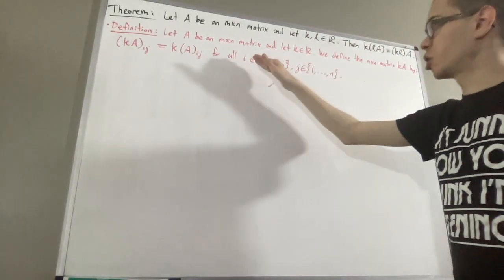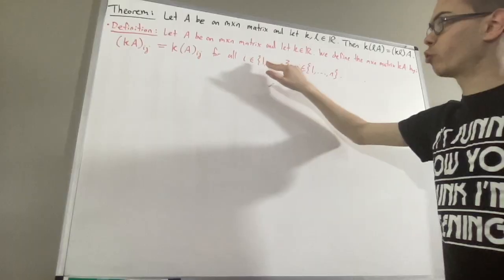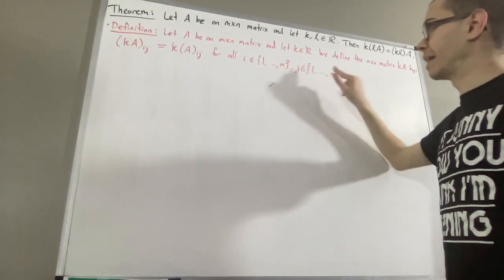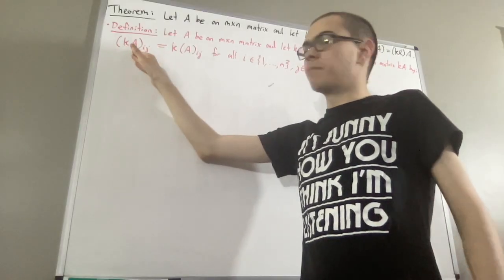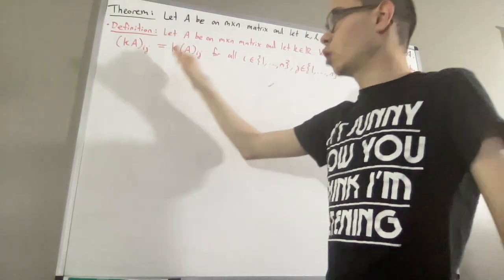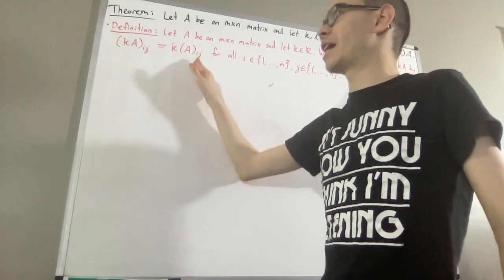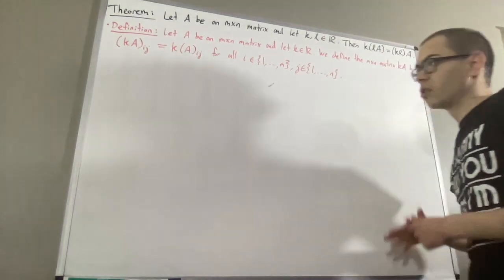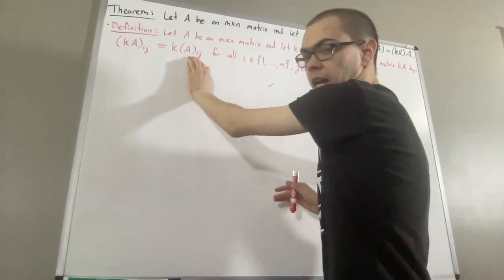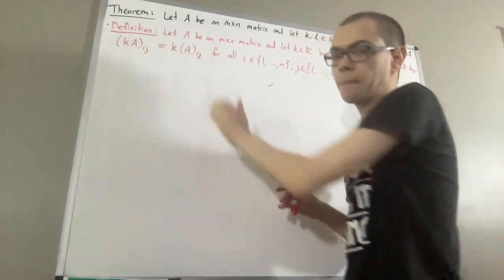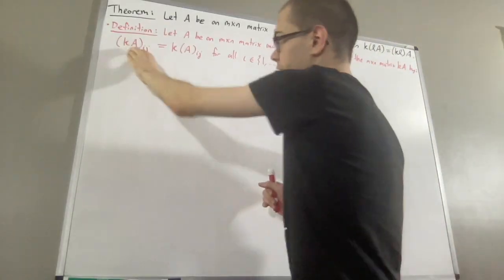For each pair of integers i and j, where i is between 1 and m, and j is between 1 and n, the ij entry of matrix KA is equal to K times the ij entry of matrix A. So all we're doing here is taking each of the entries of matrix A and multiplying them by K. That will give us matrix KA.